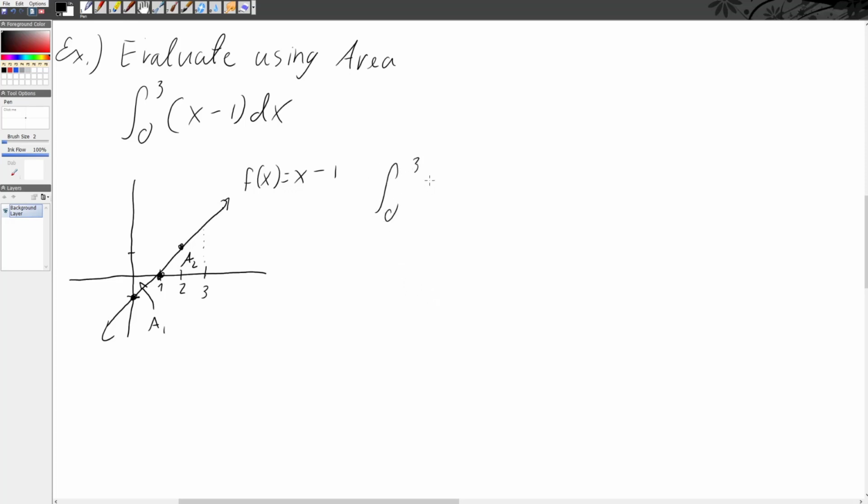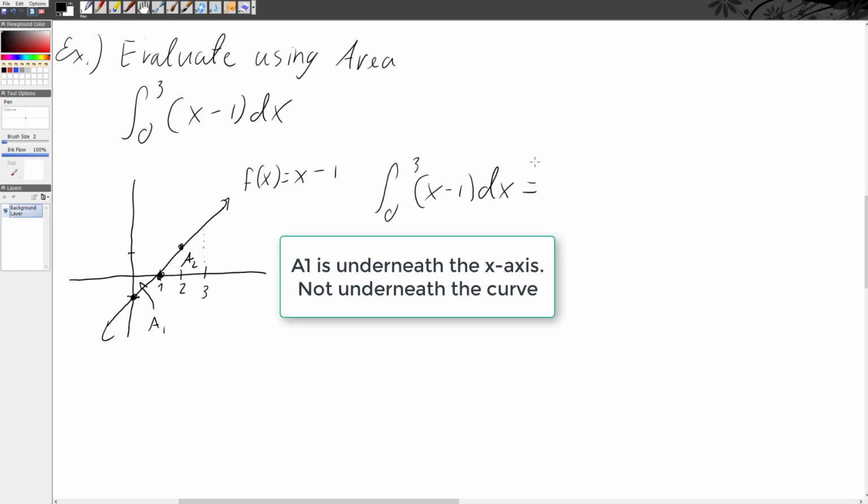The integral of x minus 1 dx is equal to, well, in this case, we want to note that A1 is underneath the curve. And whenever you see an area underneath the curve, you are actually subtracting the area. So to find the total sum, we actually have negative A1 plus A2.